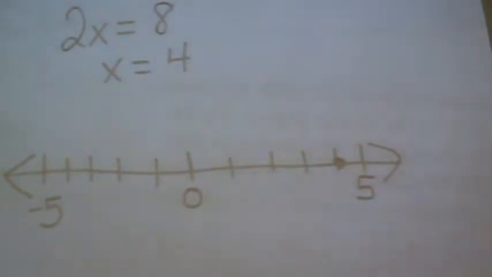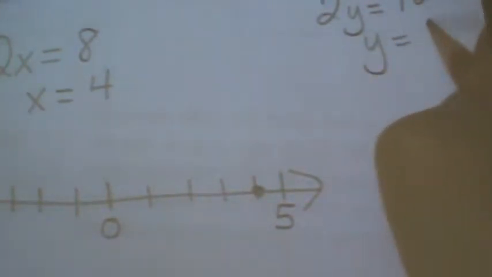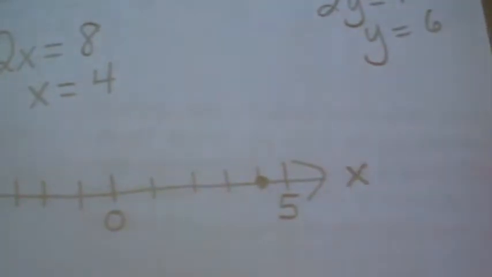Now, what if we have two quantities? We have 2x equals 8, x is 4, and then I said 2y equals 12, y equals 6. Well, this number line represents the x values. We have to do another number line. We're going to make it vertical, up and down. So we're going to go here, 0.